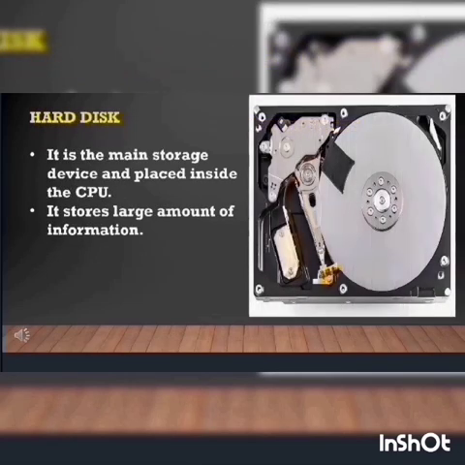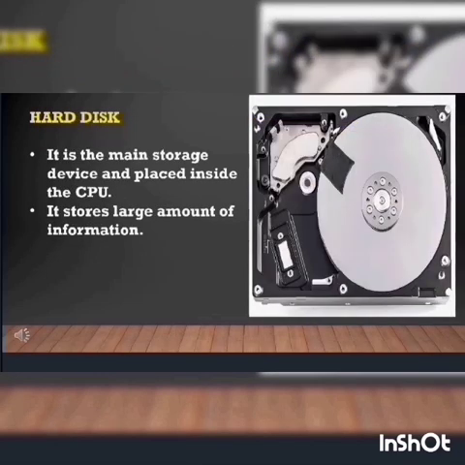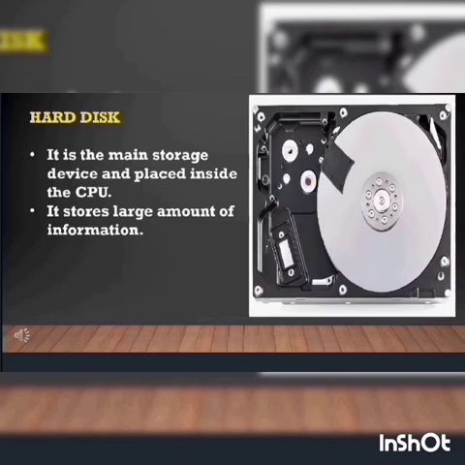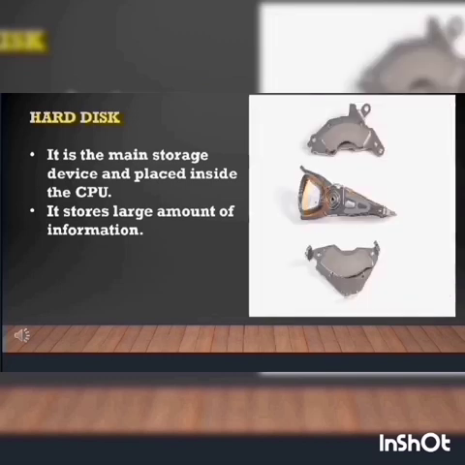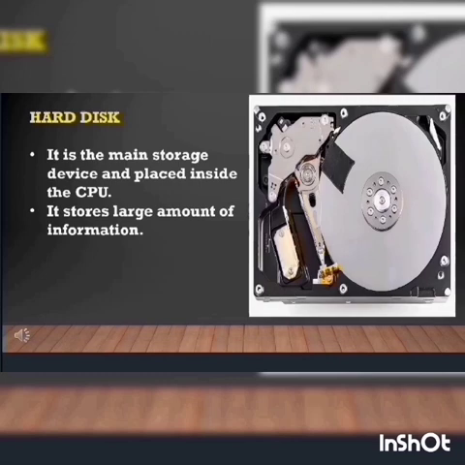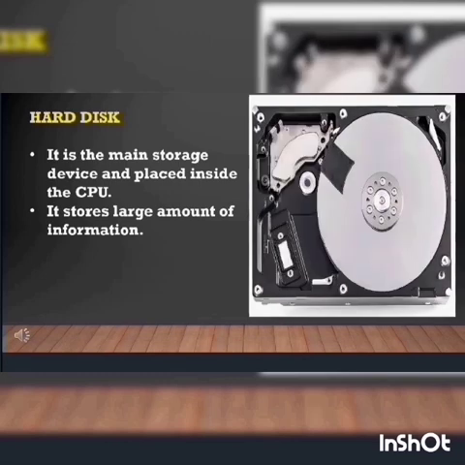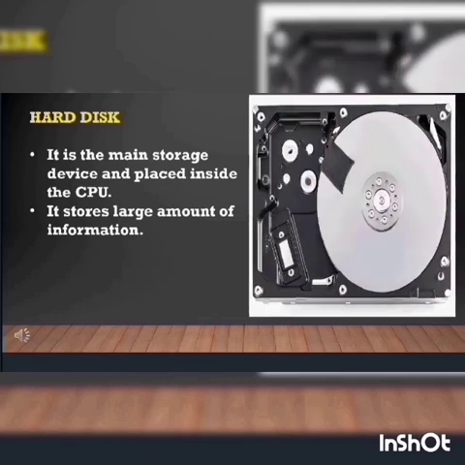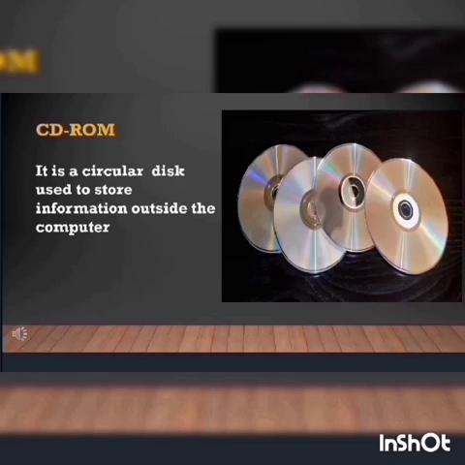Hard disk. It is the main storage device and it is placed inside the CPU. It stores a large amount of information. CD-ROM. It is a circular disk used to store information outside the computer.